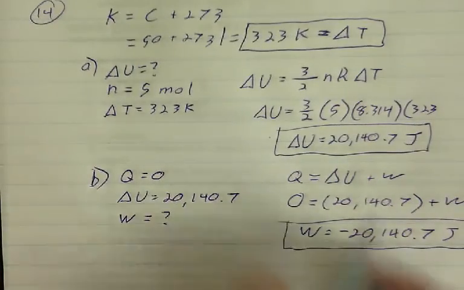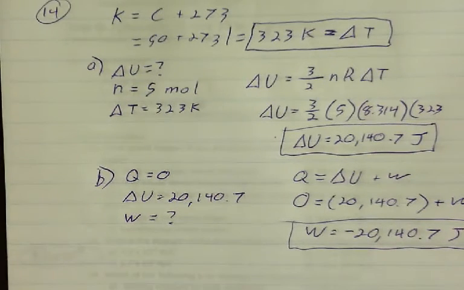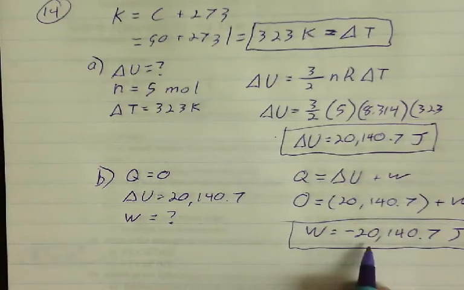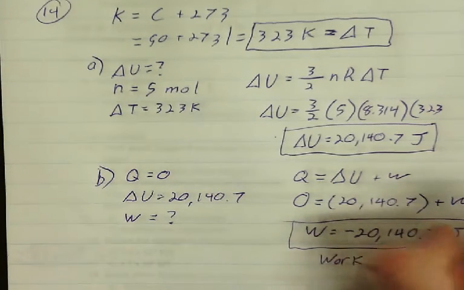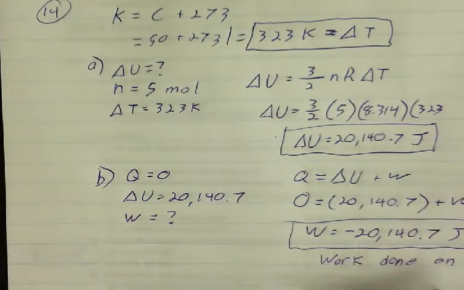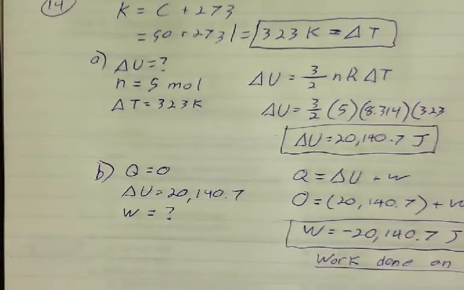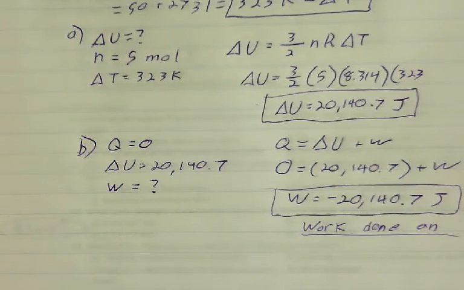So the last question is it work done on or work done by? Work done on is going to be negative. Work done by is going to be positive. So this is negative, which means it's work done on. And if you're wondering what would be happening for this to happen, this would be compression.